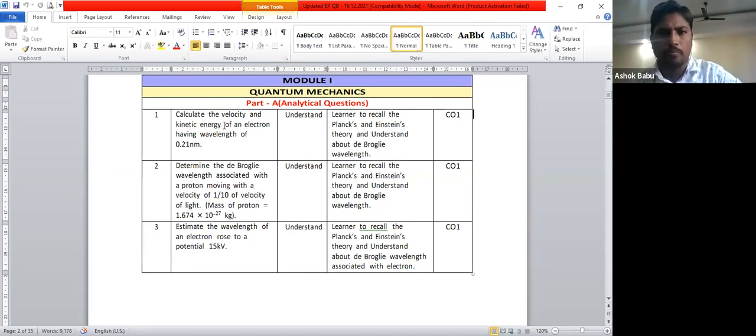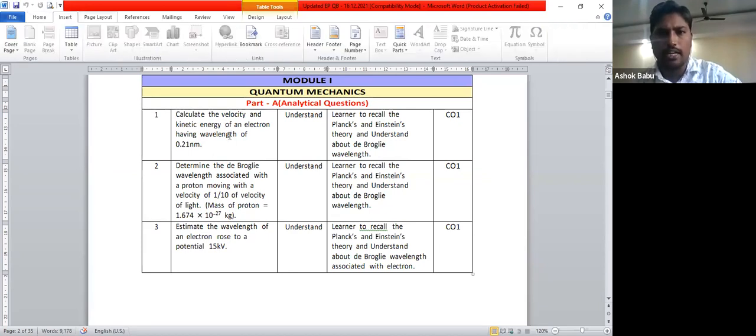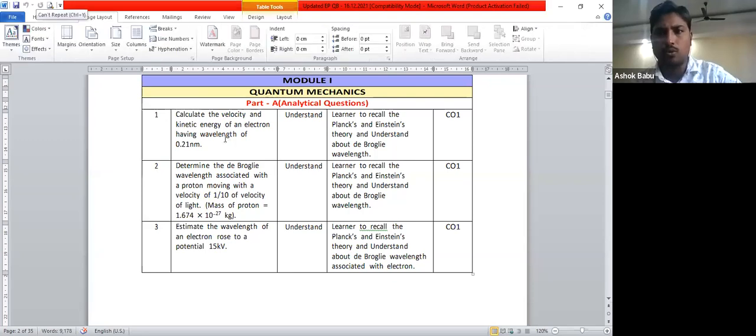Calculate the velocity and kinetic energy of the electron having a wavelength of 0.21 nanometers. Again, I stop the sharing.